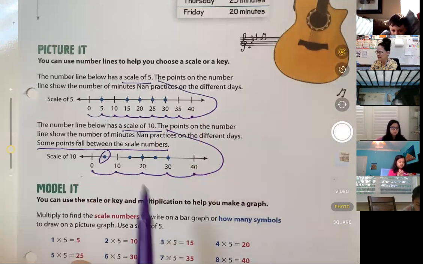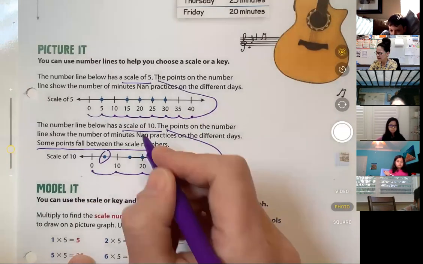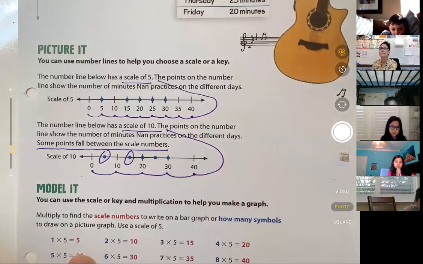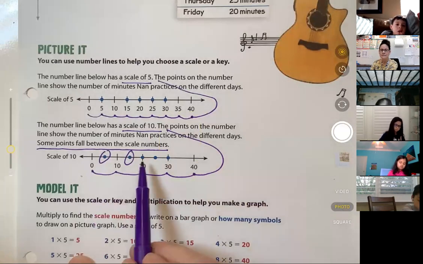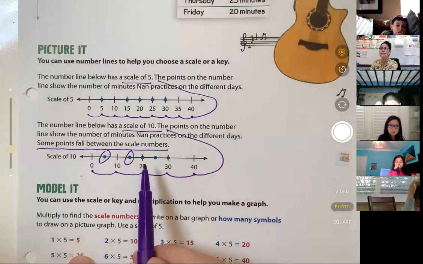We know that that's between 10 and 20. So that plot is here at 15. And sometimes, friends, you will see scales where you will have to plot in between because the number isn't explicitly shown on the scale.